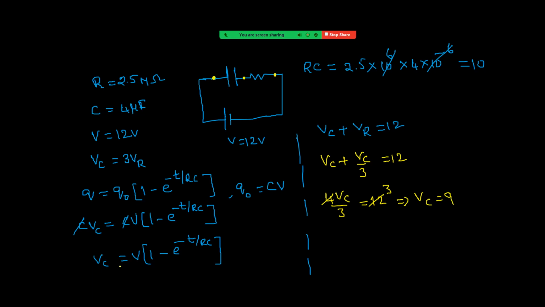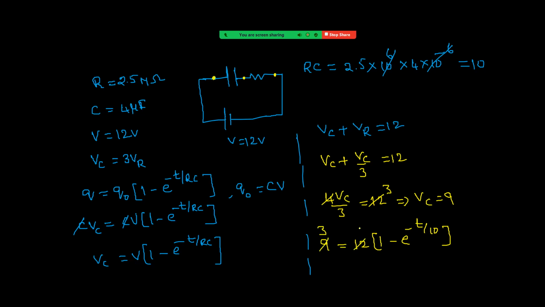Okay. Now see here, VC value is 9. Take it in this equation. VC is 9, V value is 12, 1 minus e power minus t by 10. Okay, see how much we get.